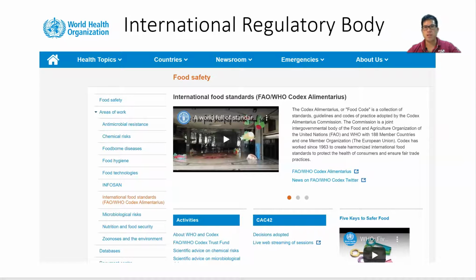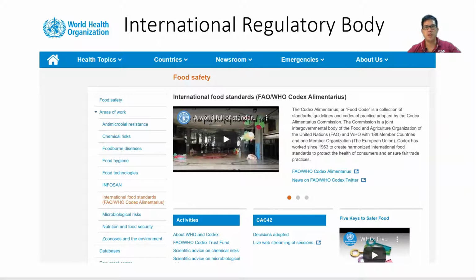At the international level, which all countries are based on, we look at the advice from the World Health Organization if there are any outbreaks. It's just like how COVID-19 is happening now: a lot of information is coming from the World Health Organization, or WHO.